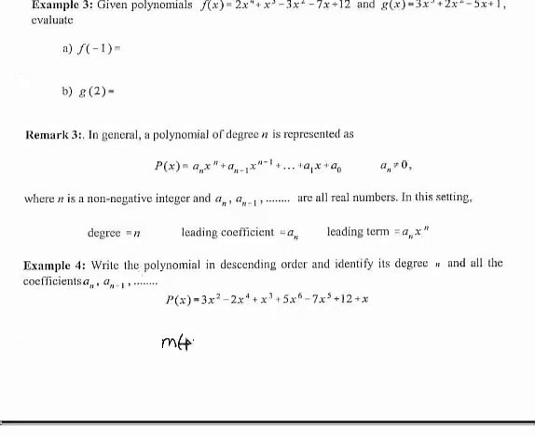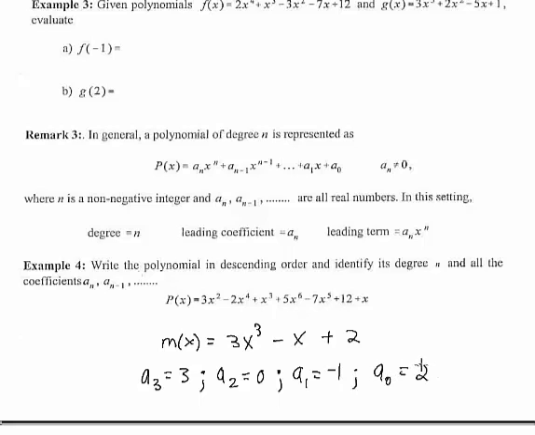Let me say m of x, and let's say this polynomial was 3x to the third minus x plus 2. Well, we'd have an A3. It would be 3. But then A2, there is no variable with a power of 2, so we'd say A2 is 0. And then all the other ones, counting backwards from 3, we have, other than the 2, A1 is a negative 1, and then A0 is a positive 2.